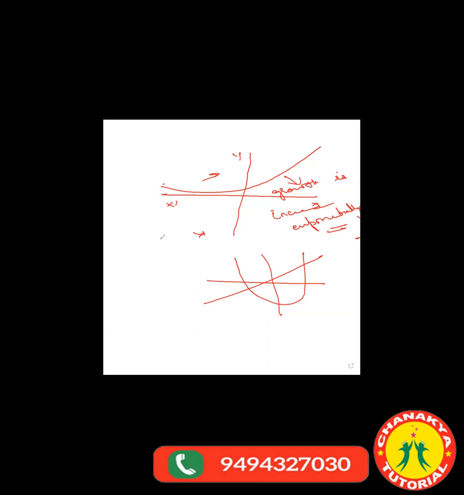The logarithm function is the inverse of the exponential function.